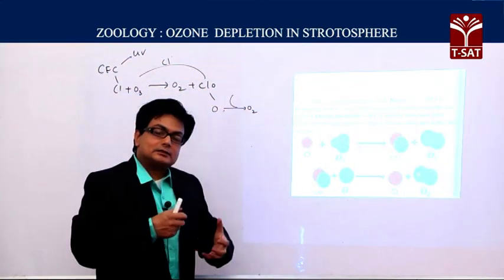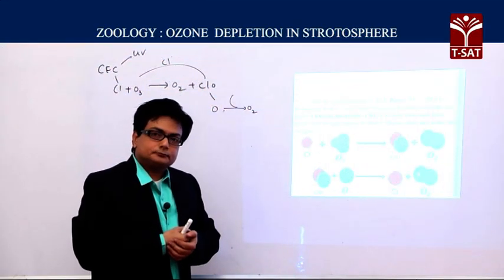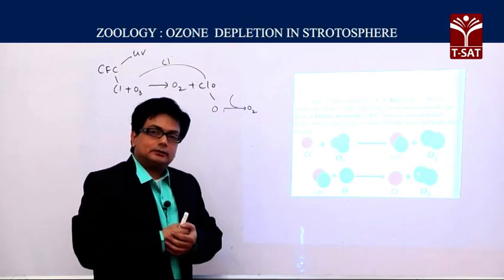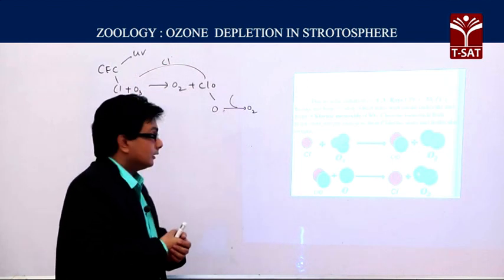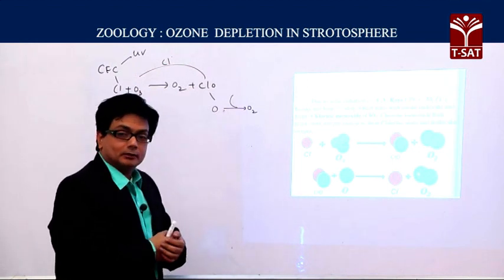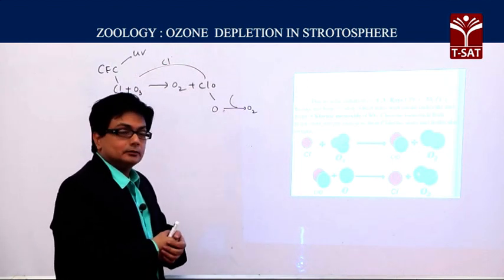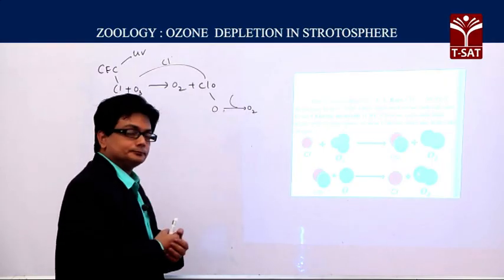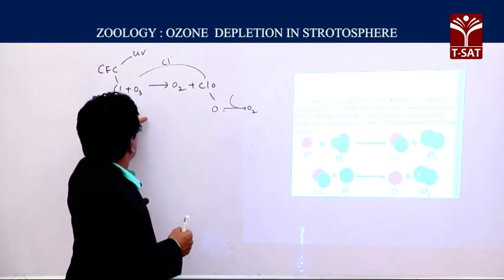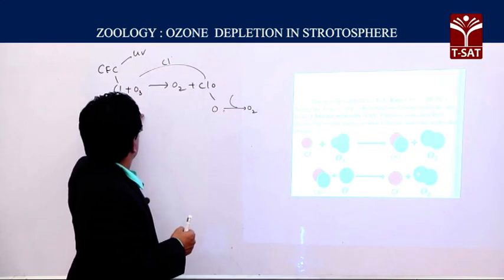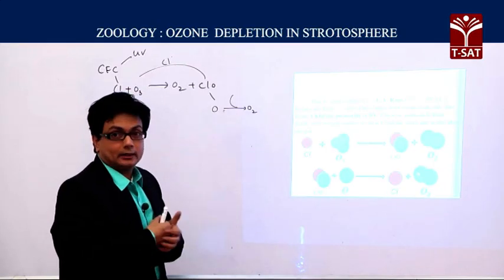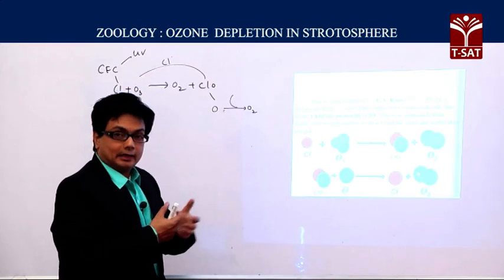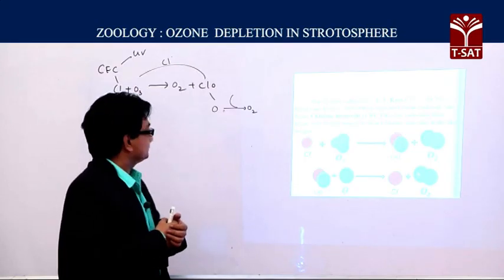So let's see how this chemical reaction goes on at that region called the ozonosphere. The chlorofluorocarbons available will be impacted by the UV radiation, and the chloride will be released away in the form of the chlorine atom, a very active radical.